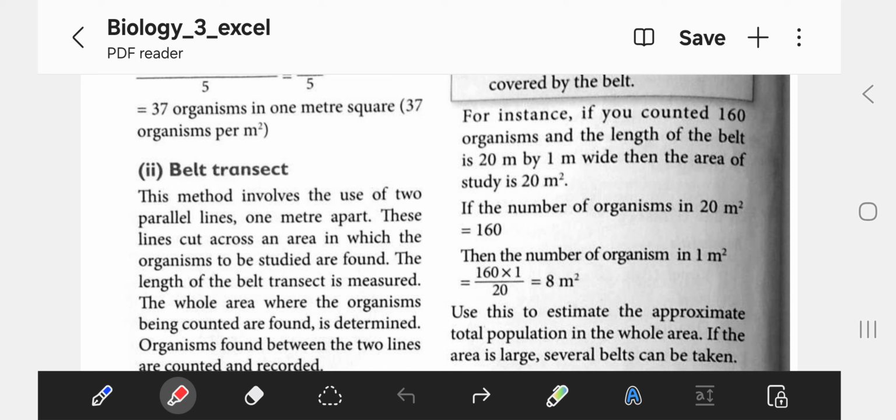I don't know if I have a question on this. So can we all see this question? This question 4.